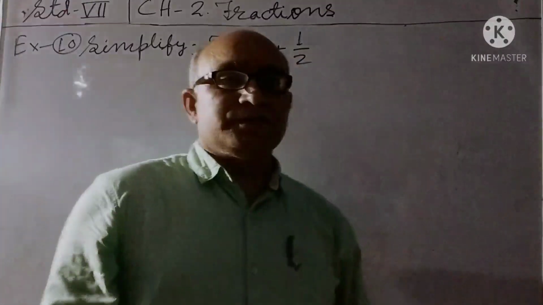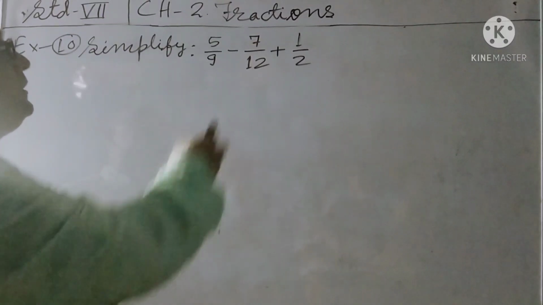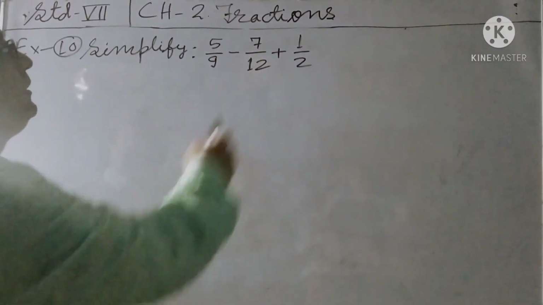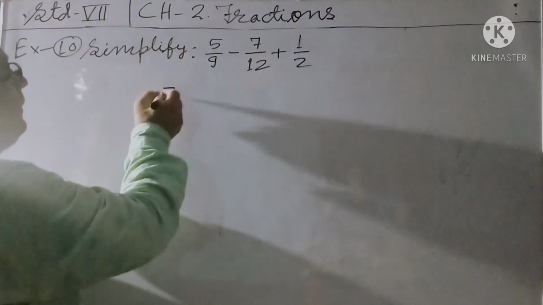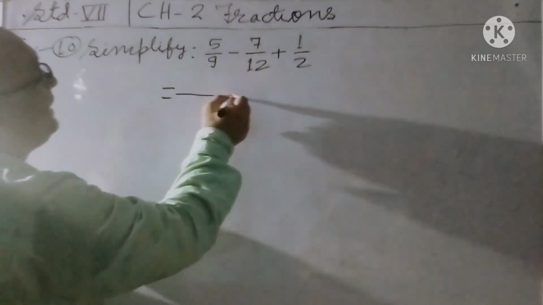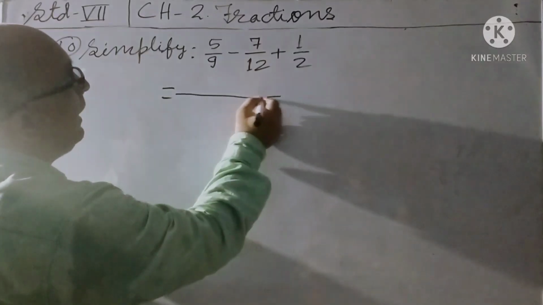Students, next example 10. Simplify 5 by 9 minus 7 by 12 plus 1 by 2. First of all, find the LCM of 9, 12 and 2.